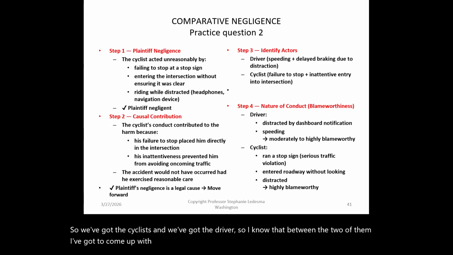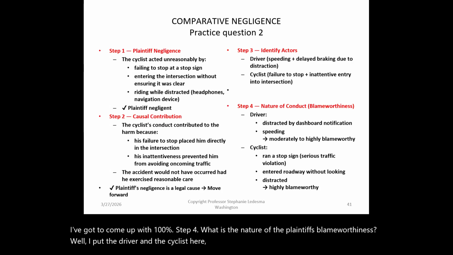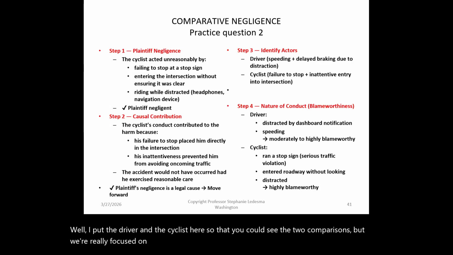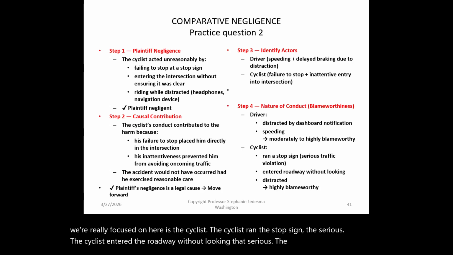Step 4, what is the nature of the plaintiff's blameworthiness? Well, I put the driver and the cyclist here so that you could see the two comparisons, but what we're really focused on here is the cyclist. The cyclist ran the stop sign. That's serious. The cyclist entered the roadway without looking. That's serious. The cyclist is distracted.